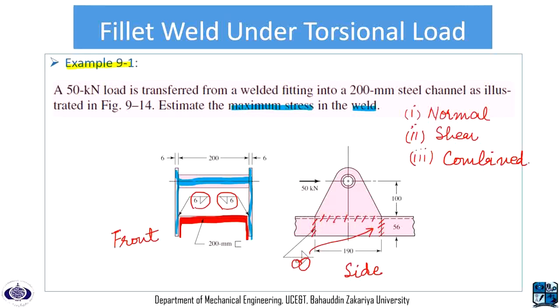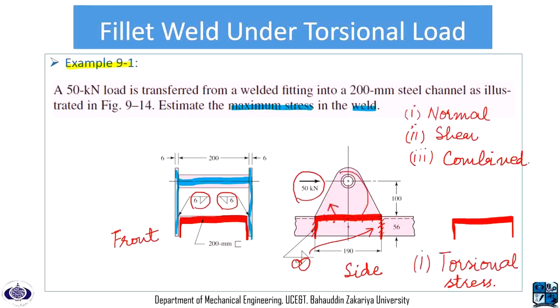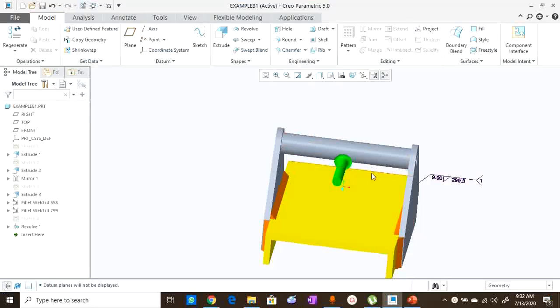So the shape of the weld is also an inverted U. So our weld shape is like this one, and you can see that the applied load is also in the side view. We also have a 3D view or 3D model of this figure available to us.